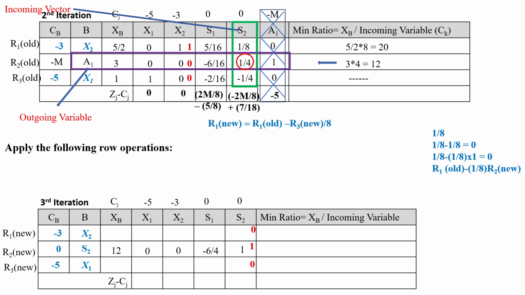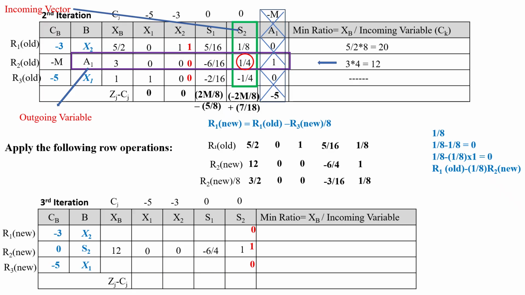Next row operation is R1 new equals R1 old minus R2 new divided by 8. So write down the R1 old elements and write down the R2 new elements. And next operation is R2 new divided by 8, which is equal to 3 by 2, 0, 0, minus 3 by 16 and 1 by 8.